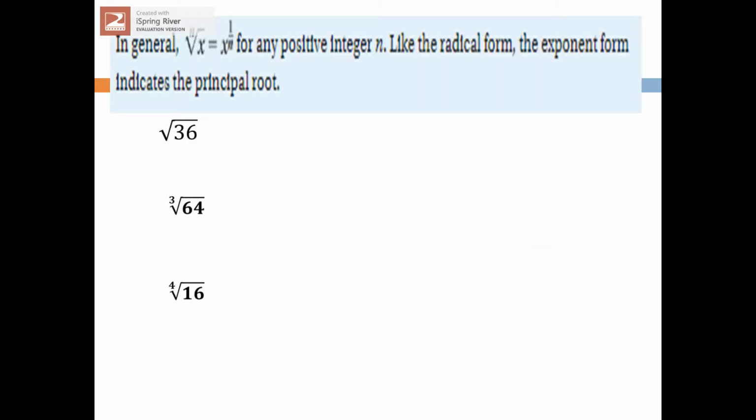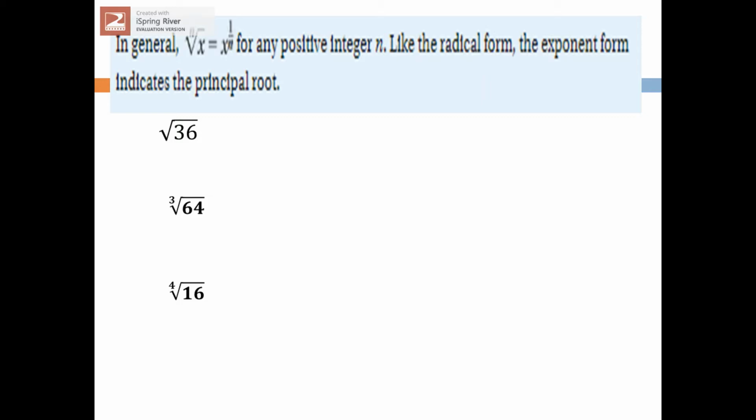In general, nth root of x is equal to x raised to 1 over n for any positive integer n. Like the radical form, the exponent form indicates the principal root. Nth root of x. Our base x has no exponent, so it means it has an invisible 1. And we will put 1 as our numerator, and n will be our denominator in our rational exponent.